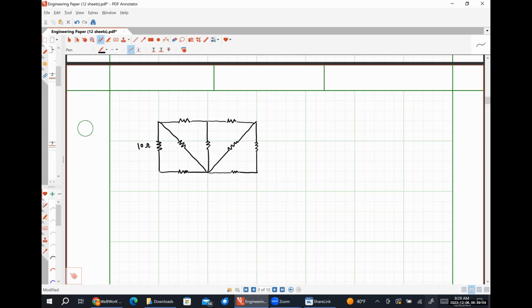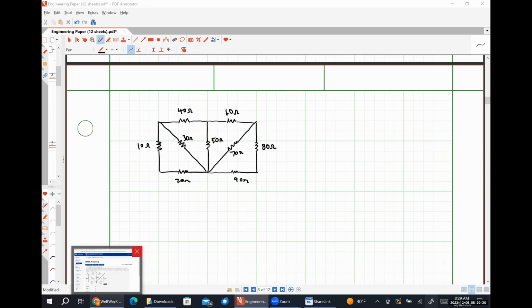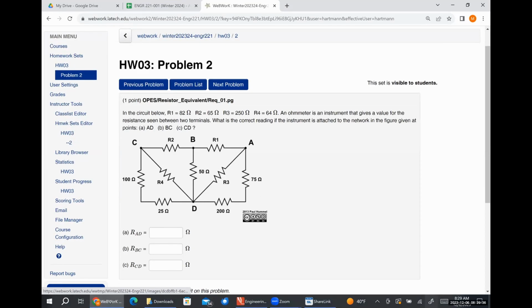Let's just call this 10, 20, 30, 40, 50, 60, 70, 80, and 90. I'm going to use the same terminals as are in the web work. So this is going to be terminal C, B, A. Down here is D. And as part of the homework problem, we were asked to effectively solve this for 3 different equivalent resistances. And depending on which set of terminals we look into, we're going to get different resistances.